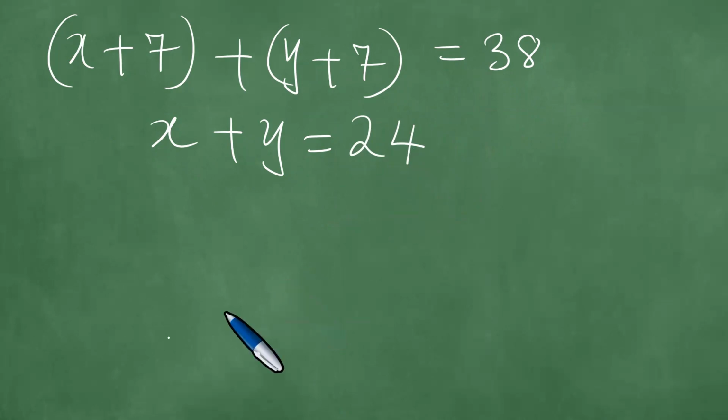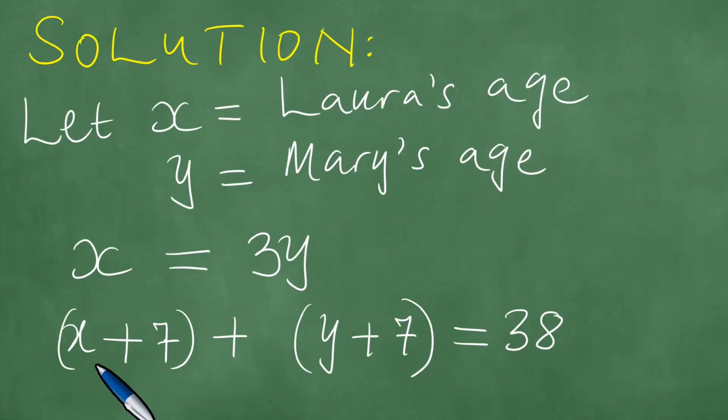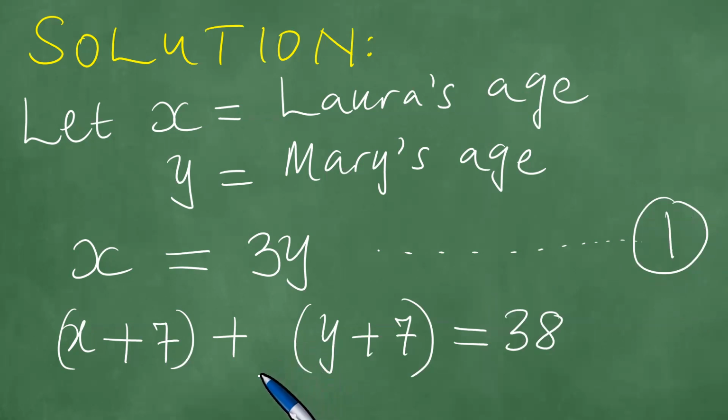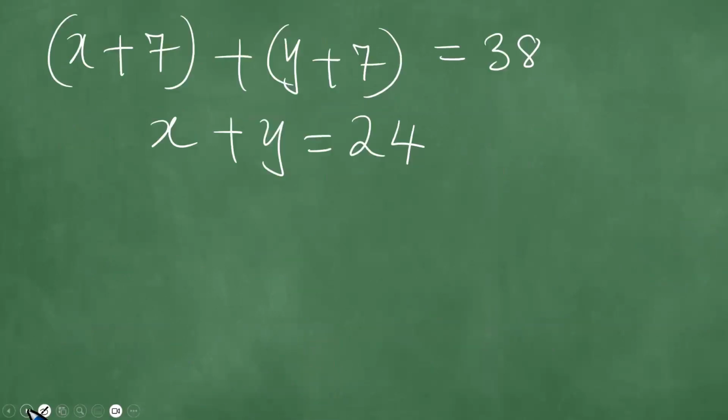Right, so now at this point, what we have here is that x is equal to 3y, and this constitutes the first algebraic equation. And now we have this here, which is the second algebraic equation.